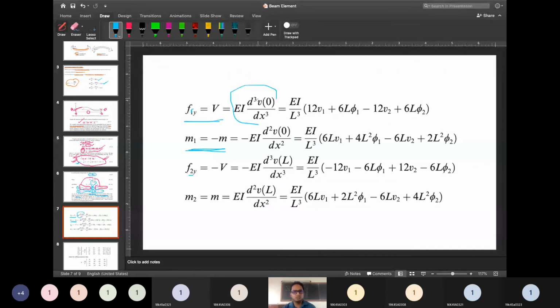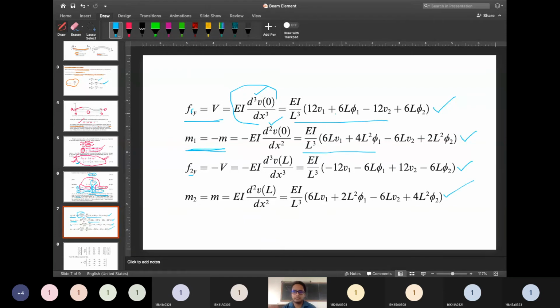So when you do this triple derivative, you will get the vertical deflection, and when you do this double derivative, you will get its moment value. So from here you will get four expressions, 1, 2, 3 and 4.